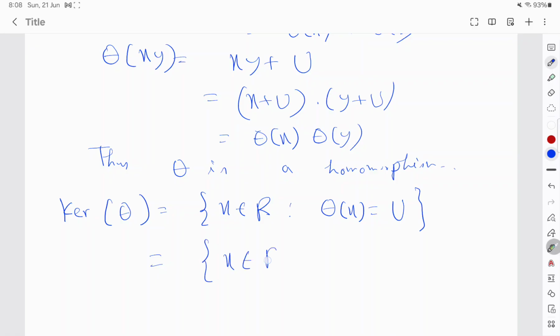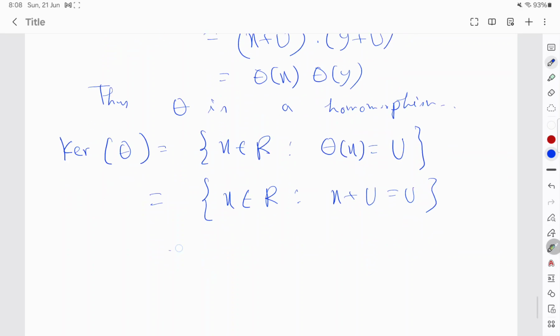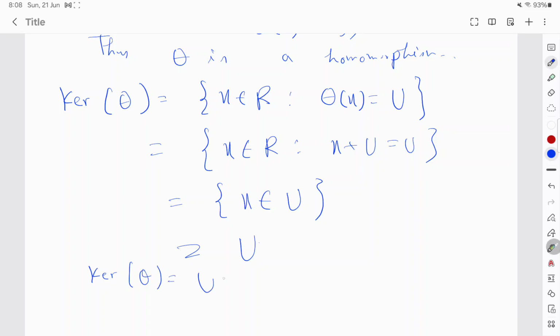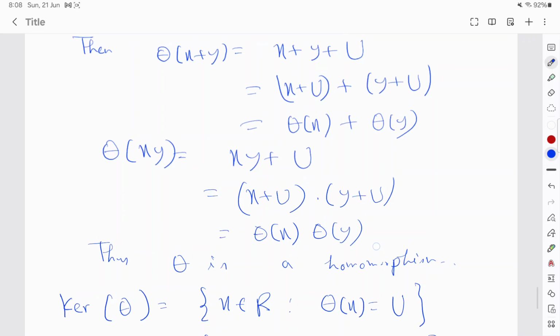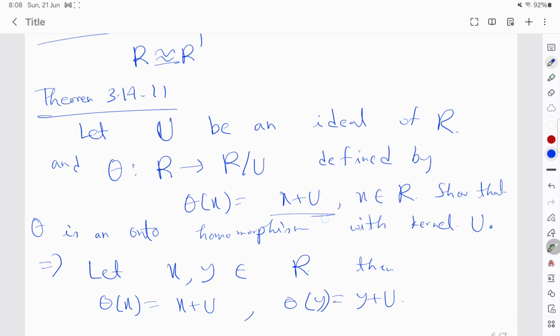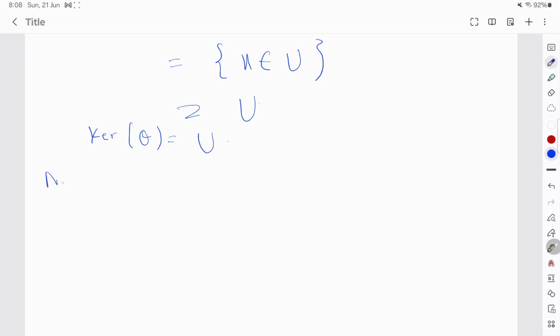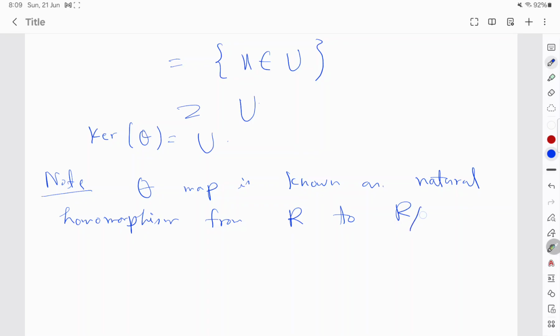So this implies x belongs to R such that x plus U equals U. This happens whenever x belongs to U. So this proves the kernel of theta equals U. And this is by default onto, because every element of R by U is itself of the form x plus U. This theta map is known as the natural homomorphism from R to R by U.